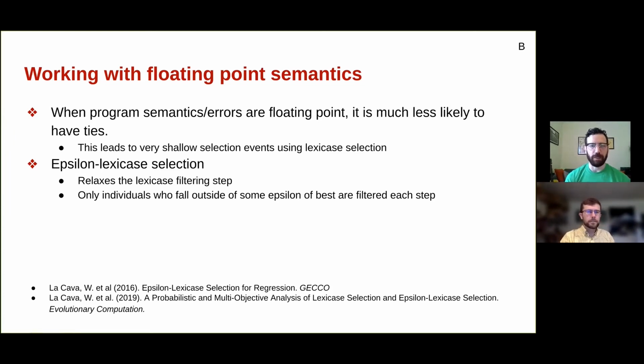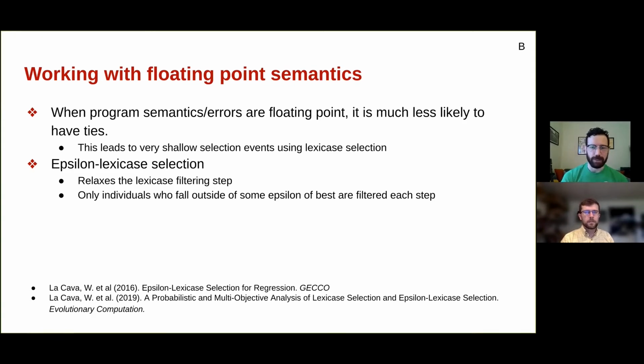So instead of only allowing individuals through at each Lexicase selection step who are the best on that case, we let any individuals through that are within some epsilon of the best, and any individuals outside of that epsilon are filtered out. This relaxes the selective pressure at each step of Lexicase selection, and also allows us to still select individuals that are doing very well on specific cases.